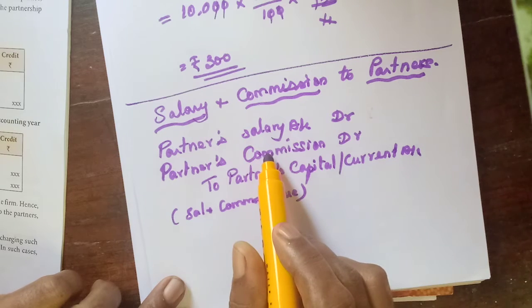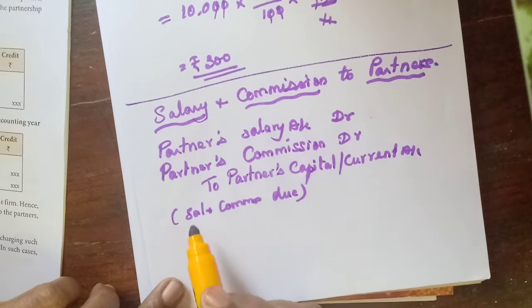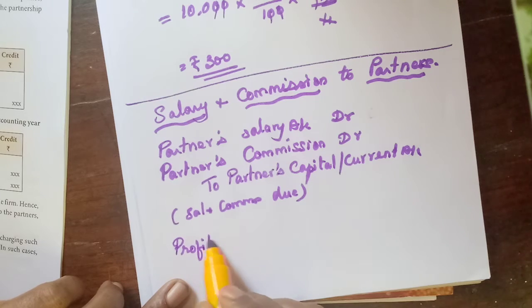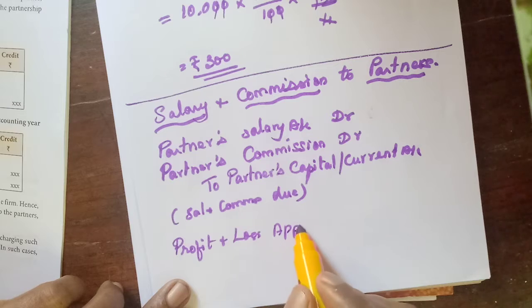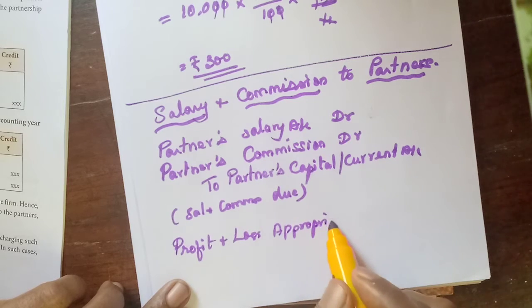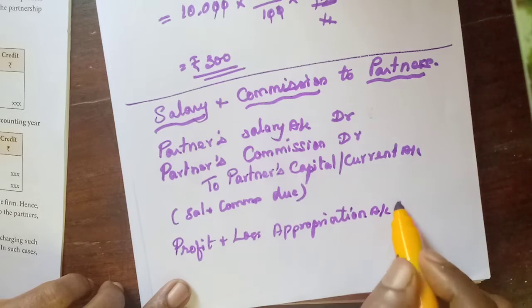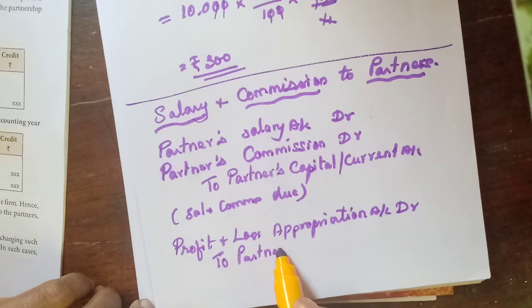Now this salary and commission must be transferred to profit and loss appropriation account. So that account must be debited. Profit and loss appropriation account debtor to partner's salary account, partner's commission account.